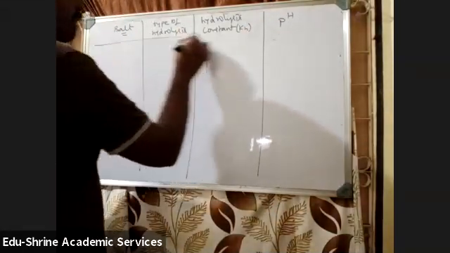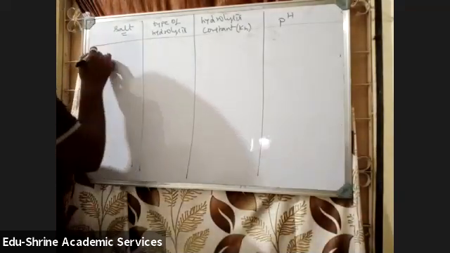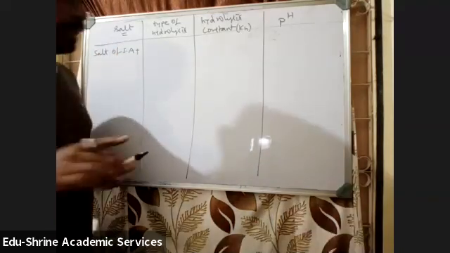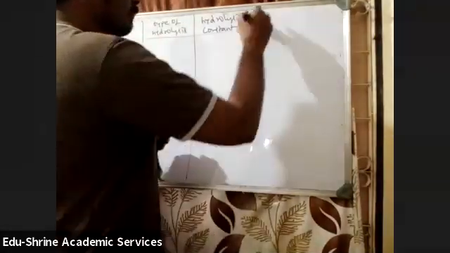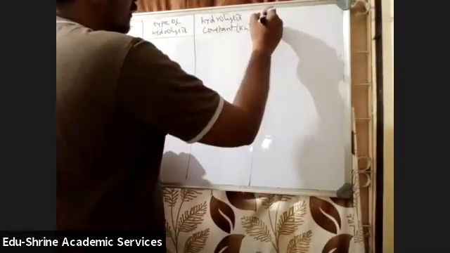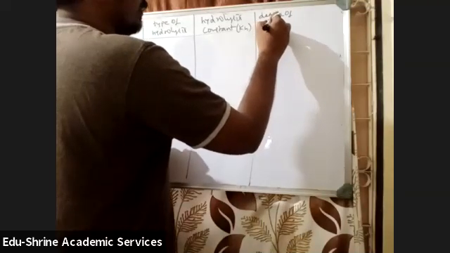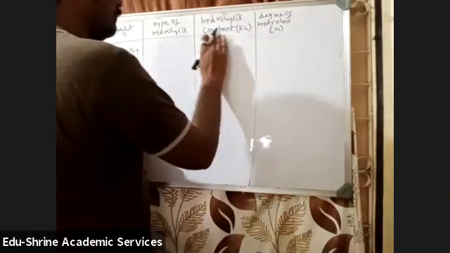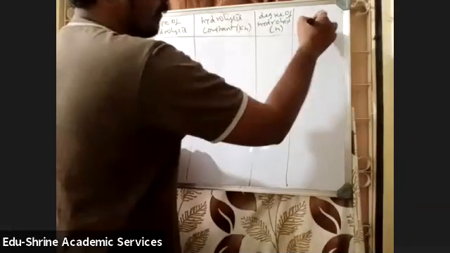If you know the type of hydrolysis, you will be able to identify the nature of solution. One more is there actually: degree of hydrolysis, h. Next is the pH formula.